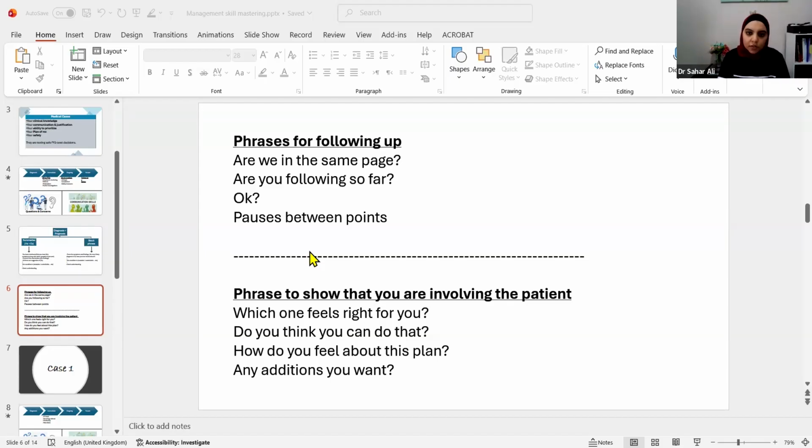You check with the senior if you are at the point of reaching your limitations. By that I mean, let's say in a SimMan case, you did everything in terms of stabilizing the patient, giving the medication, and you've done your job. You can involve the senior now.